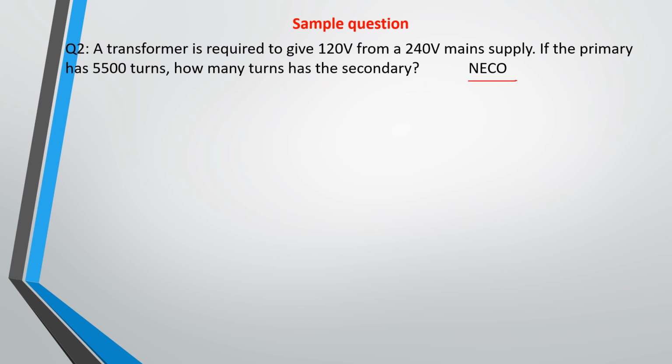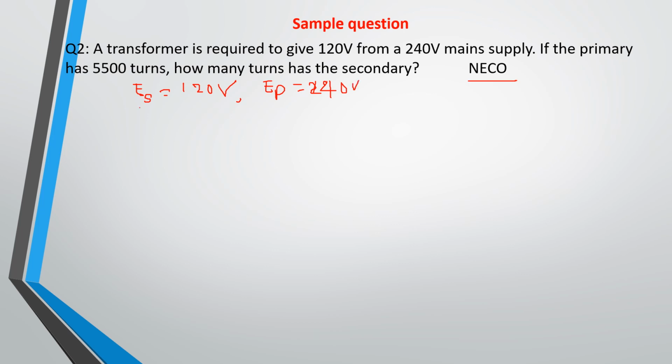The transformer is required to give, which means that the give is the output, so ES, the secondary, is equal to 120 volts, from a mains, which is the primary. So this from is the primary, so it's 240 volts.